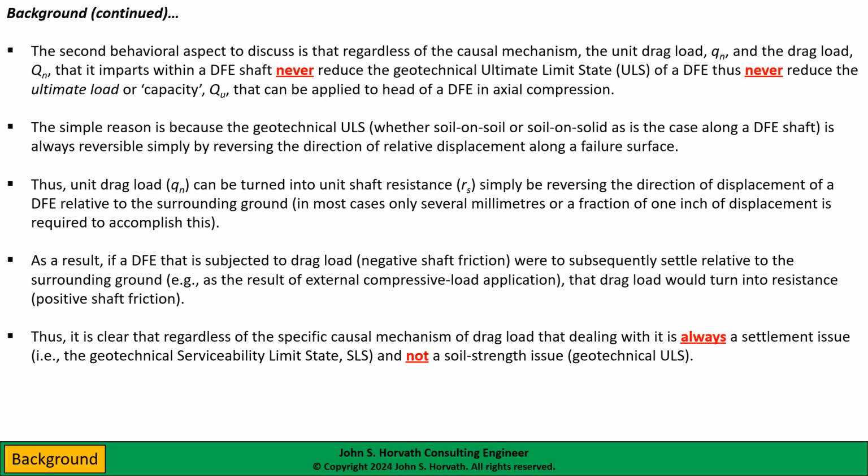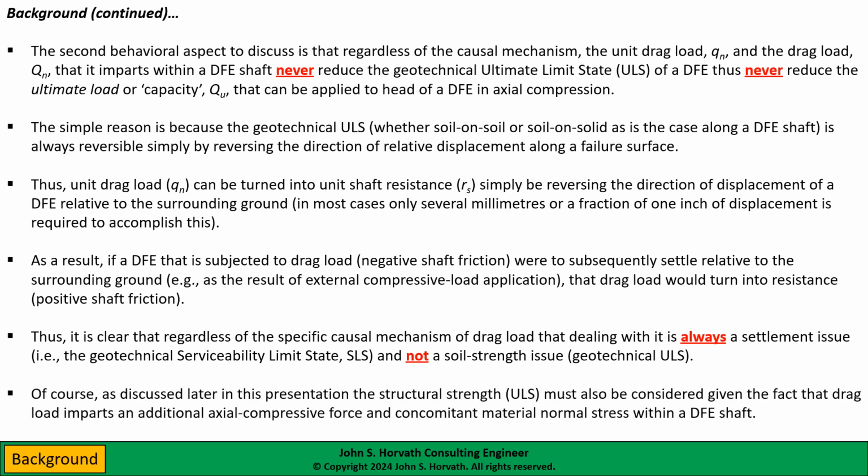And again, I'm emphasizing this point because this is where building and design codes tend to be incorrect, is they don't appreciate this fact. Now, of course, as I'll discuss later in this presentation, we always have to consider the structural strength, the ultimate limit state structurally of a DFE shaft. And that's because drag load imparts an additional axial compressive force and concomitant material normal stresses within a DFE shaft.